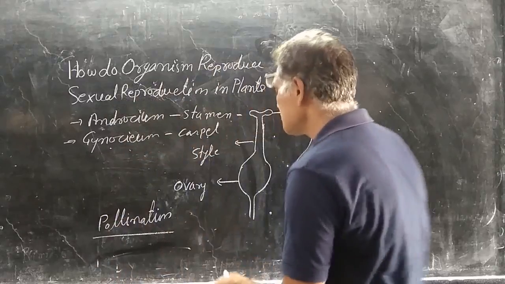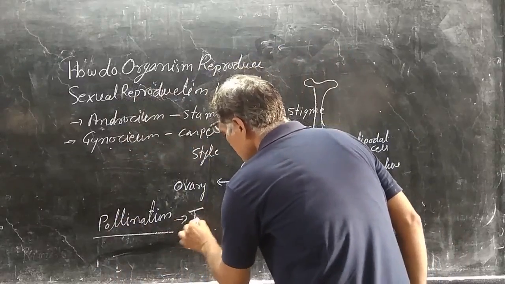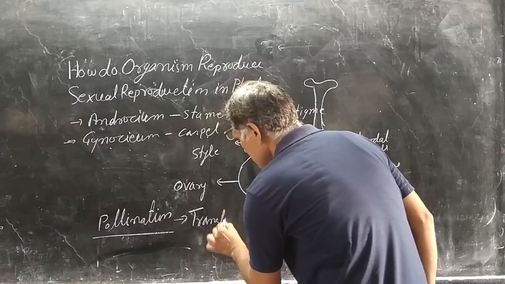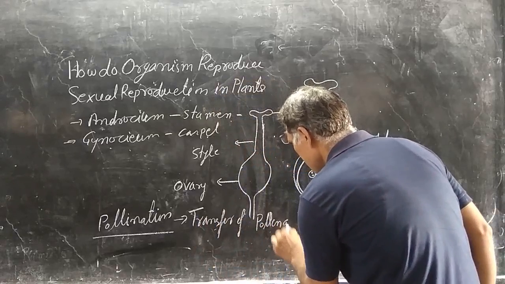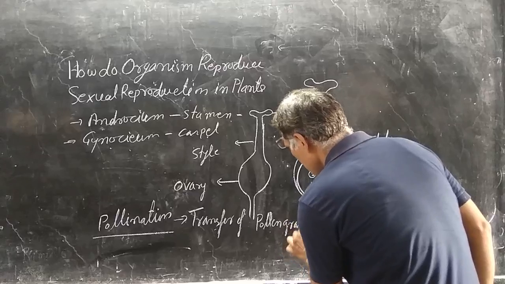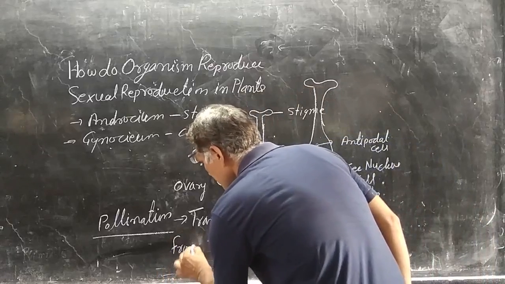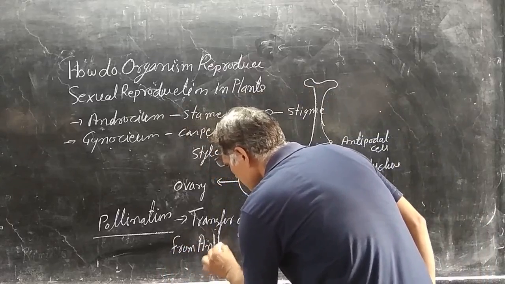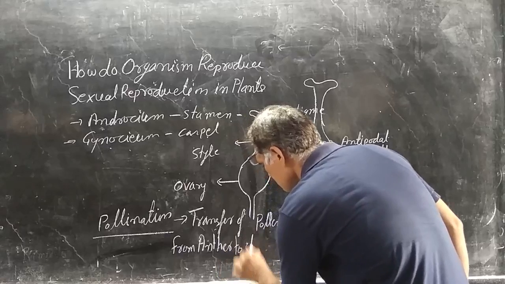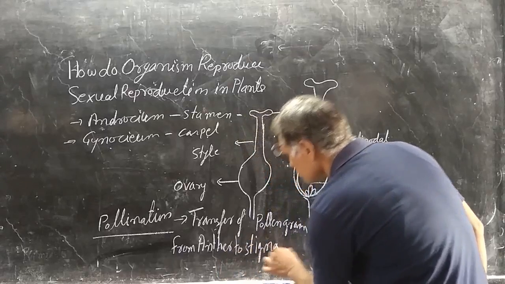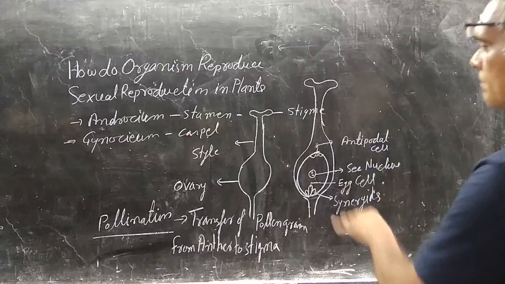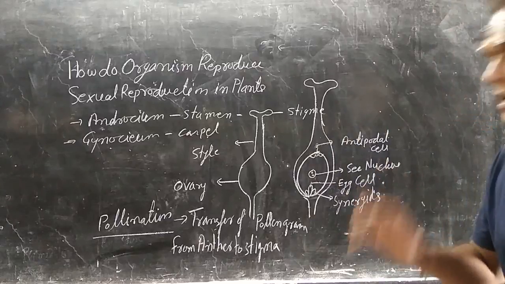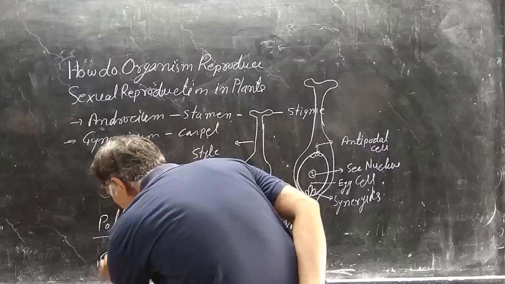Pollination is the transfer of pollen grain from anther to stigma. That is known as pollination. Whenever the pollen grain of a flower is transferred to the stigma of the same flower, that is known as self-pollination.